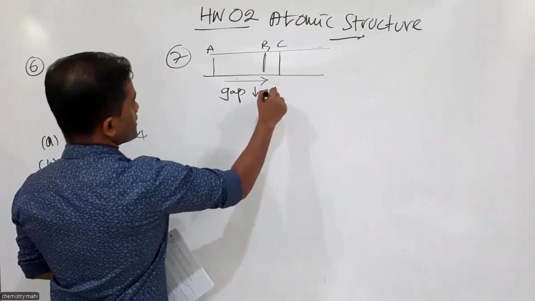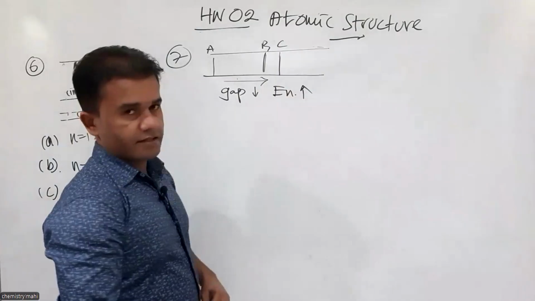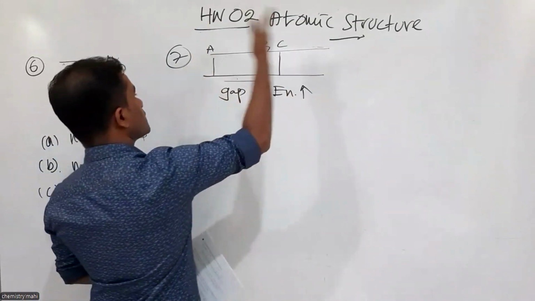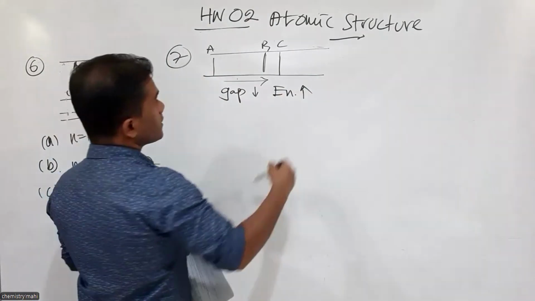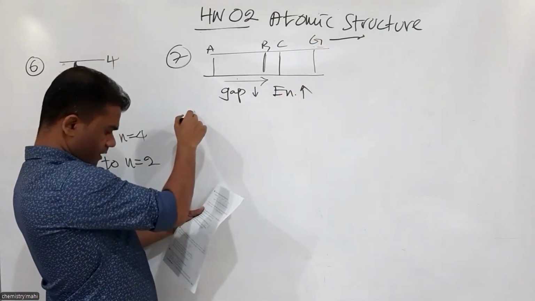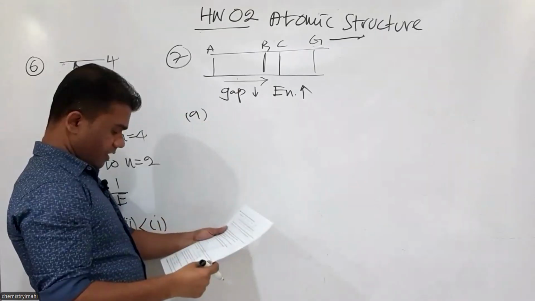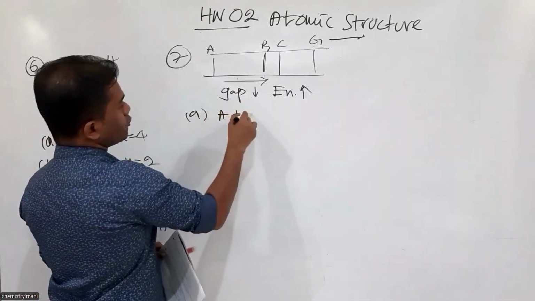Therefore, energy increases from A to C. But here the final line given is not C, it's G. What's the first thing? The direction in which energy increases: A to G or G to A. It should be A to G.